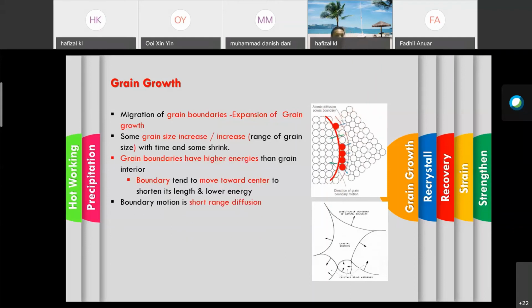As you can see, the migration and diffusion of the atoms to this side will shift the grain boundary.